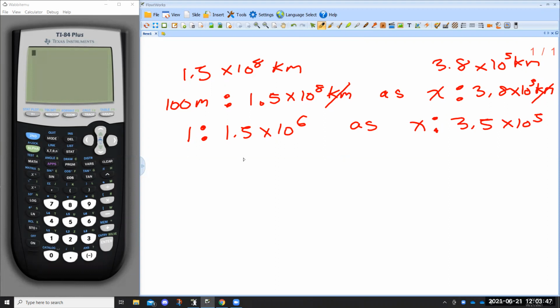So let's write this as a proportion like this. Shouldn't use X because that looks like multiplication. Let's write a question mark for that.